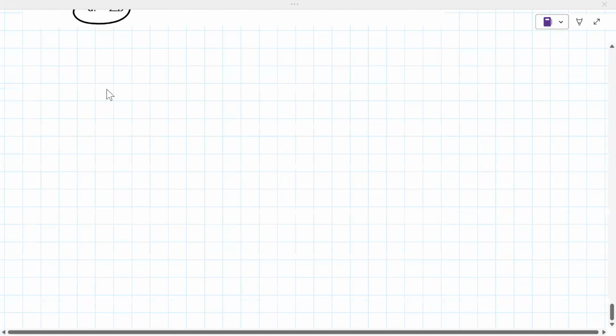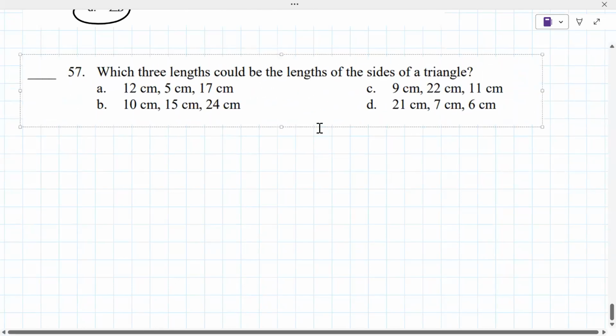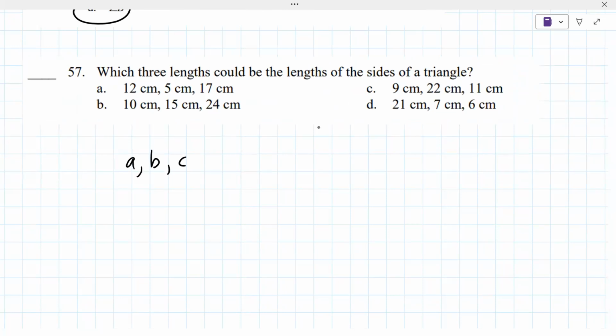A couple more here. So for this, you have three sides of a triangle ABC.